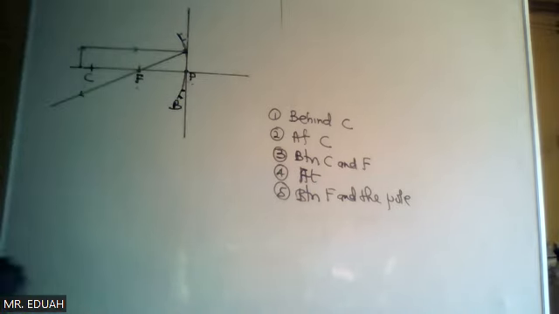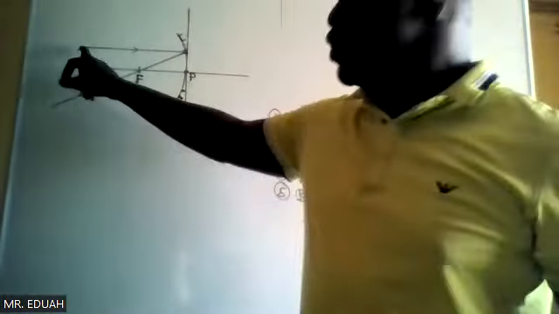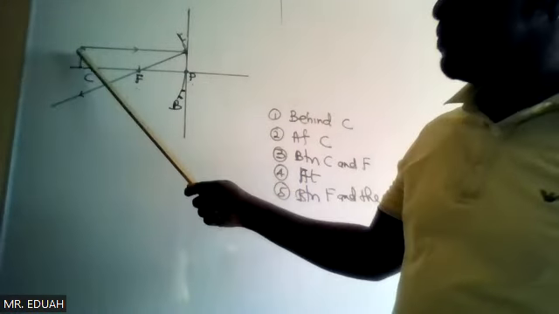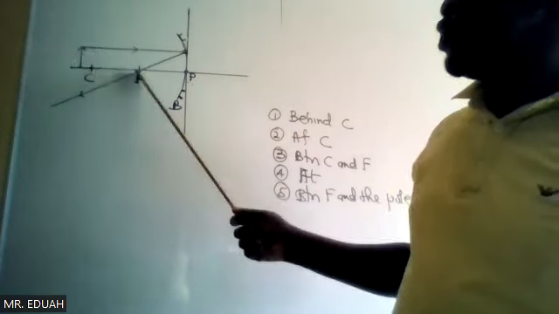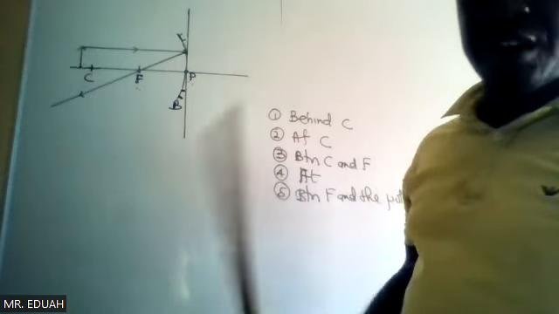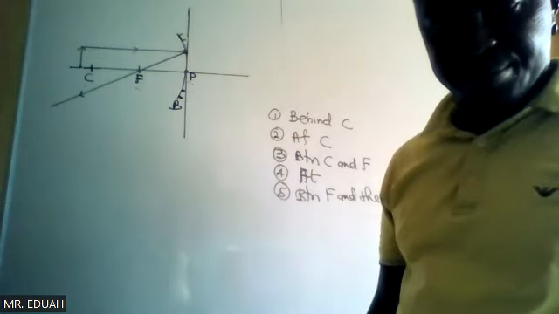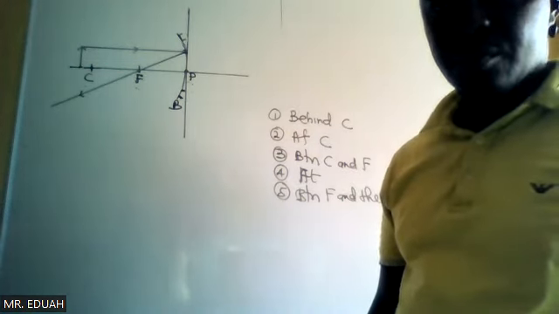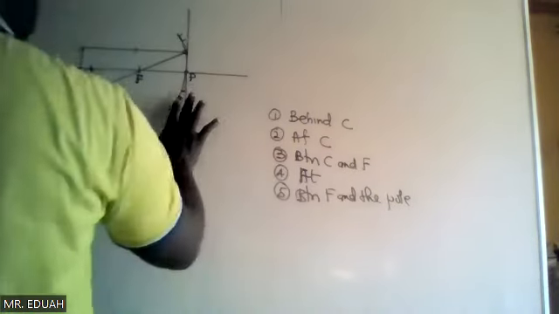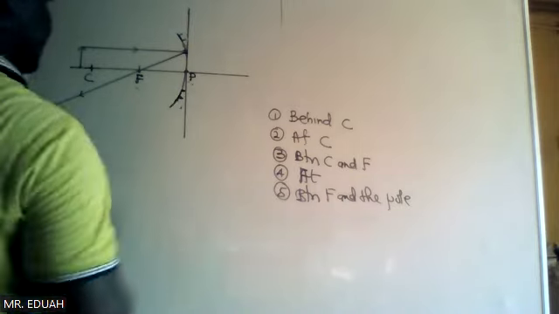I'm using the rule which says that a ray of light from the object, the rays are always coming from the object. I'm going to use the other rule which says the ray of light from the object passing through F after reflection. What must happen? When the ray is passing through F after reflection, class, what must happen? It must be parallel to principal. All right. I hope the rest of you are also seeing the picture. So I'm going to use that.